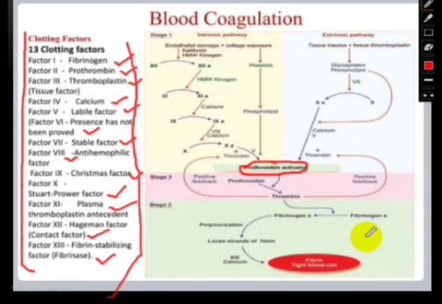And then the last stage is the conversion of fibrinogen to fibrin.